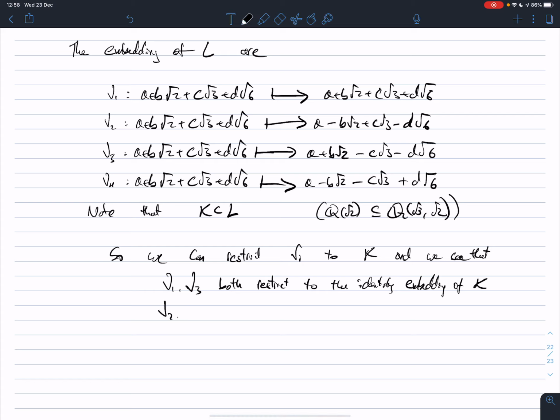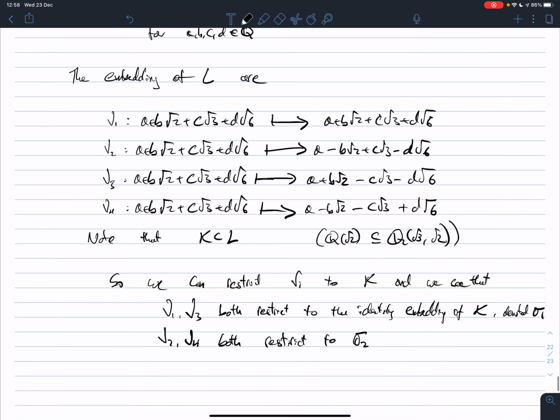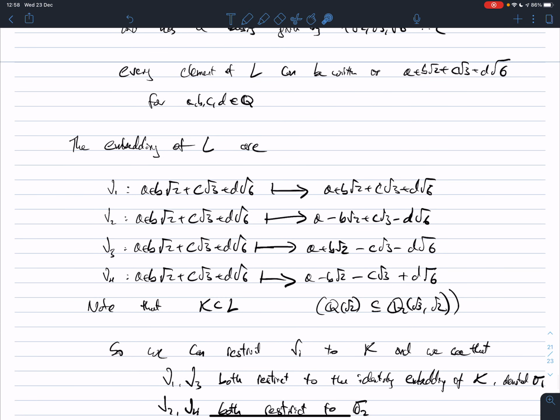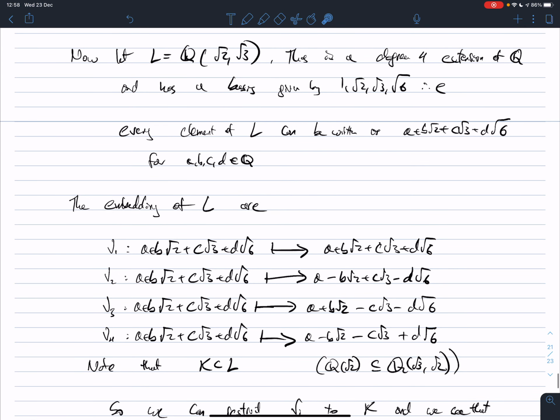And then 2 and 4 both restrict to sigma 2, while the identity embedding of K we denoted above as sigma 1. There is a general result which says that if you have a field extension, say Q to K to L, like we have here, then the number of field embeddings of L is its degree over Q, which is 4.